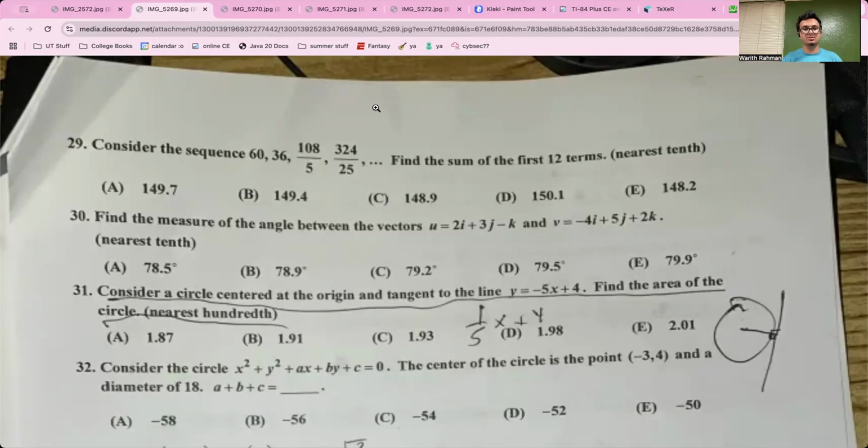It's probably geometric. To go from 60 to 36, we should be multiplying by 3/5. To go from 36 to 108 over 5, we're also multiplying by 3/5. So this has to be something times 3/5 to the power of something. Our first term is 60 times 3/5 to the power of 0. 36 is 60 times 3/5 to the power of 1, and so forth.